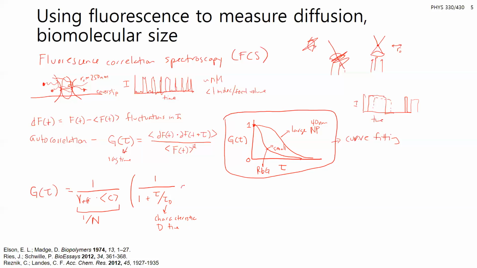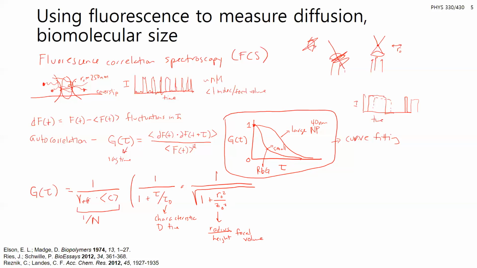And then this is multiplied times 1 over the square root of 1 plus r naught squared over z naught squared. So this is the radius over the height of your focal volume.